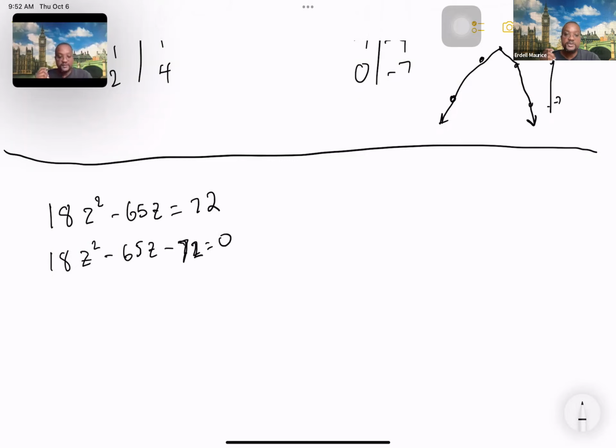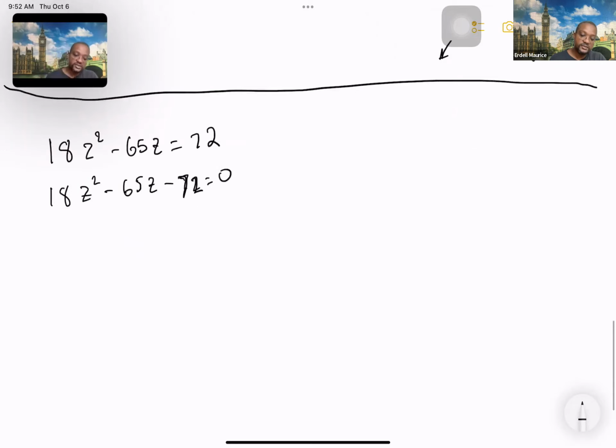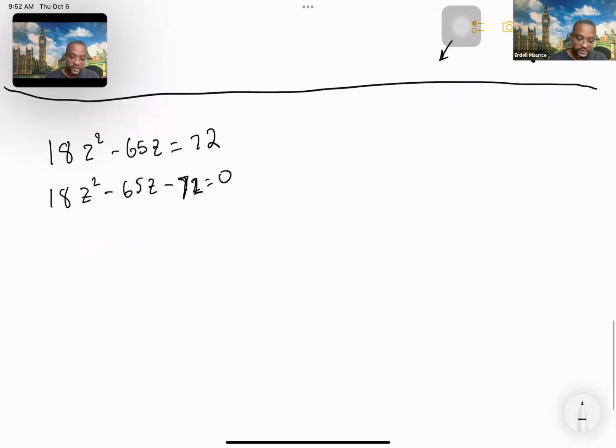Now we have several options to try and factor this out right here. But when you have such large numbers, your best option is to guess and check. So I'm going to have a z here. I'm going to have a z here. And what happens is 18, I have to split 18 up.